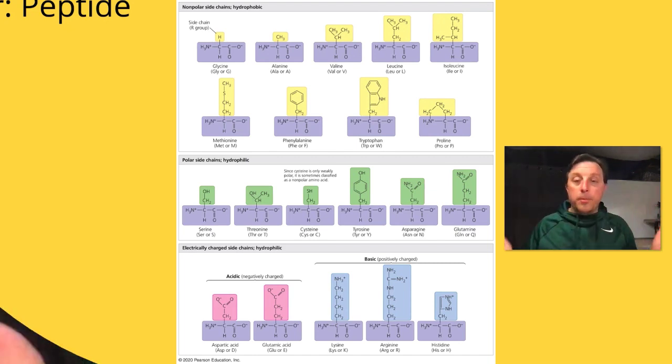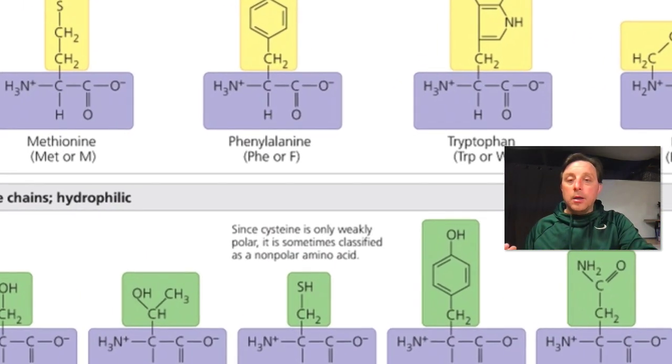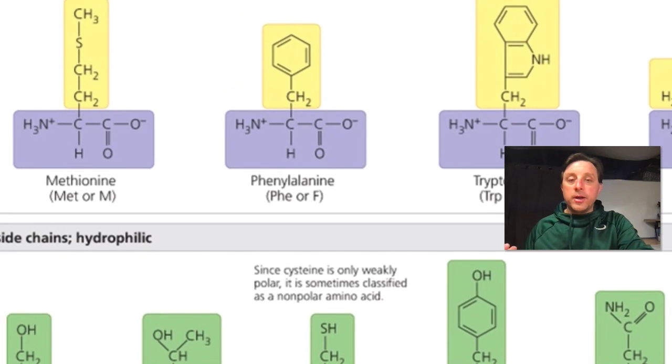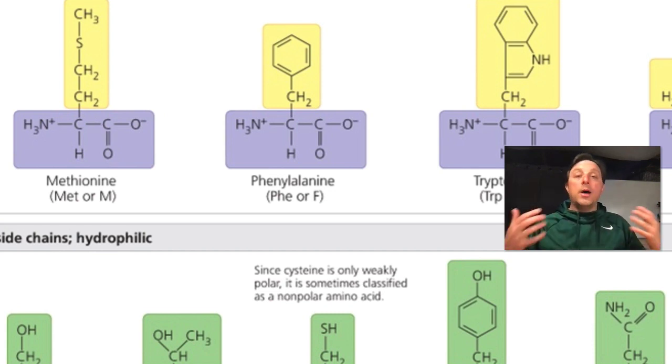So this purple piece, let me zoom in on one here. That purple structure there that is highlighted in all of them, that is constant throughout all 20 amino acids. And then that highlighted region is what we call the R group, and they will have different chemical properties.